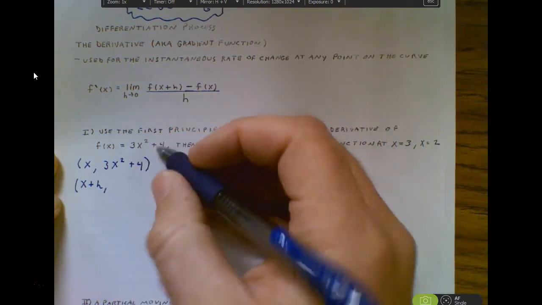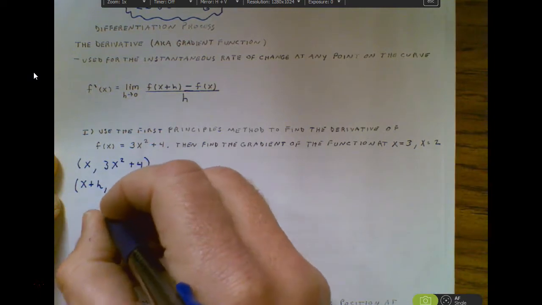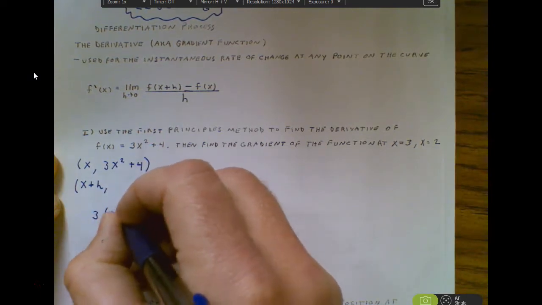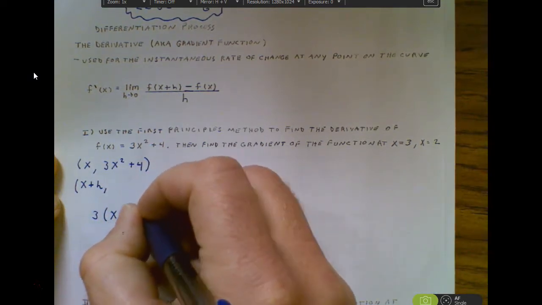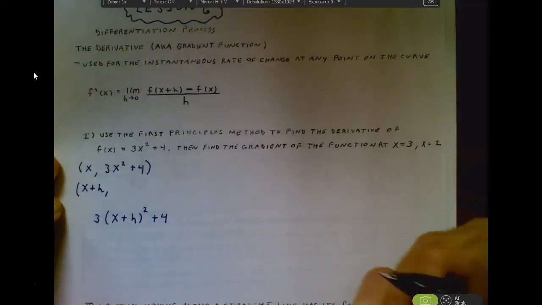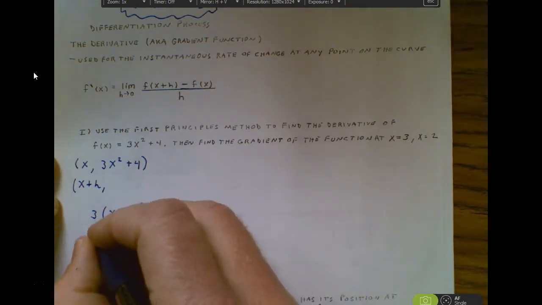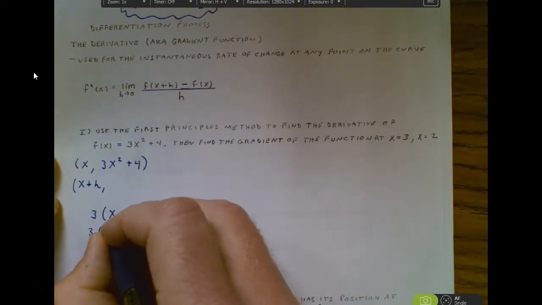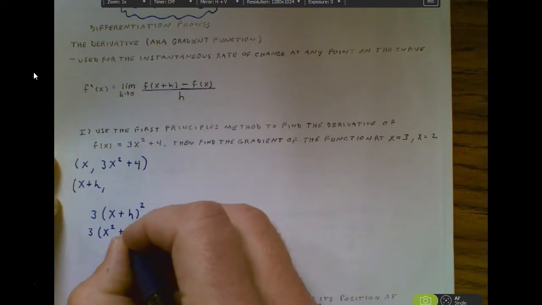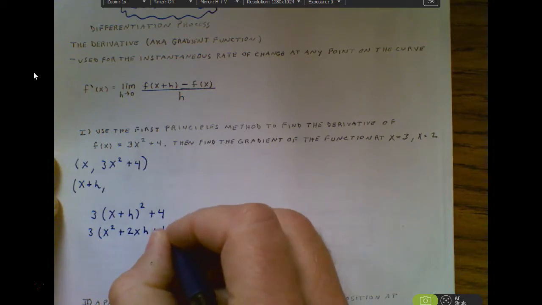And if I plug x plus h into that function, so 3(x plus h) squared plus 4. So let's do a little cleanup on that one. If I FOIL my parentheses here, we're going to get x squared plus 2xh plus h squared.